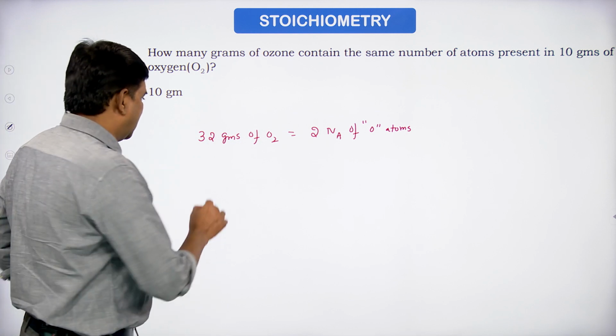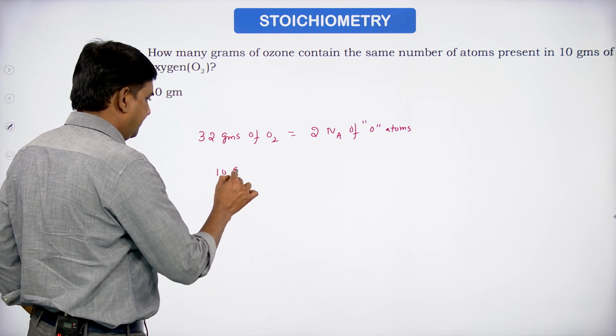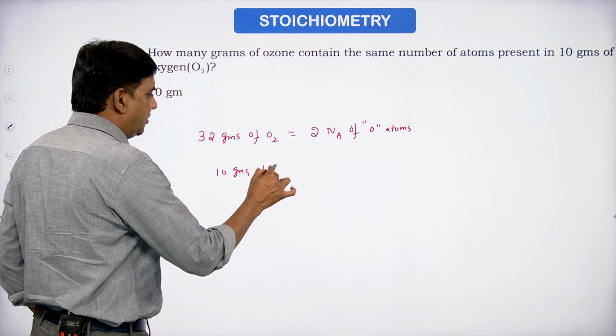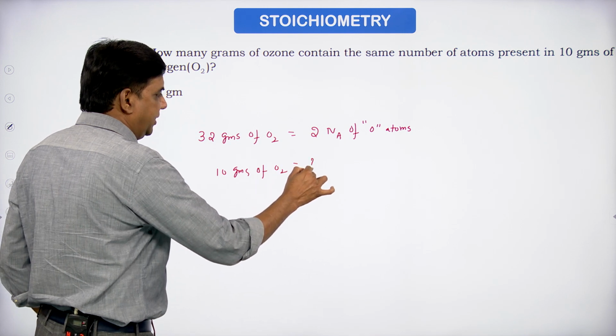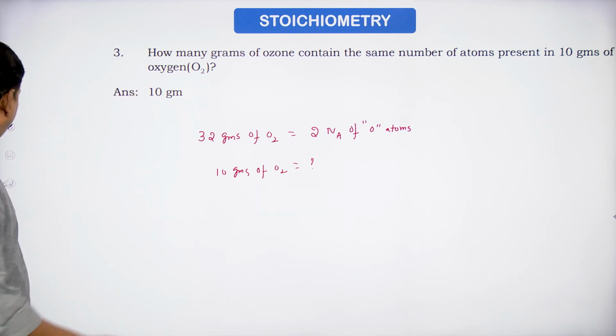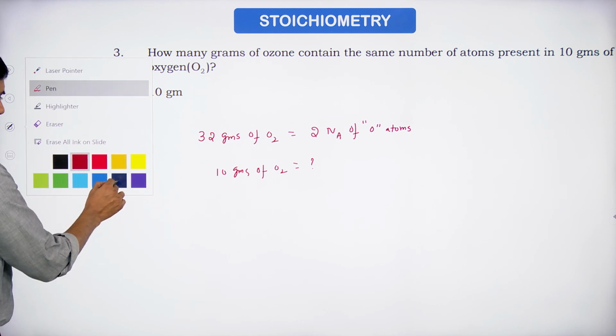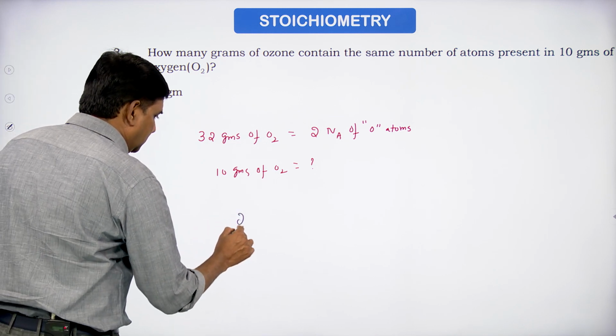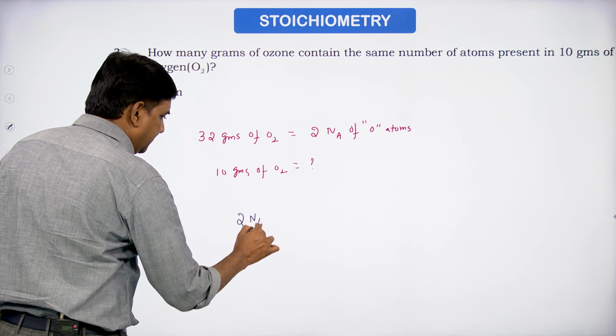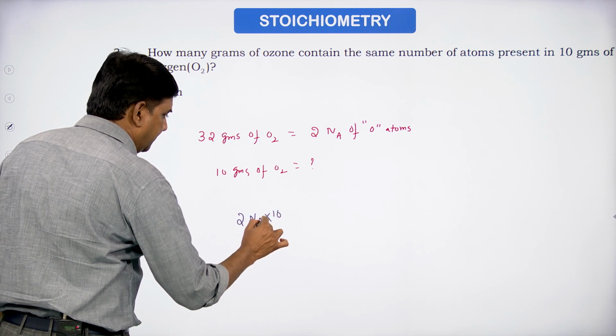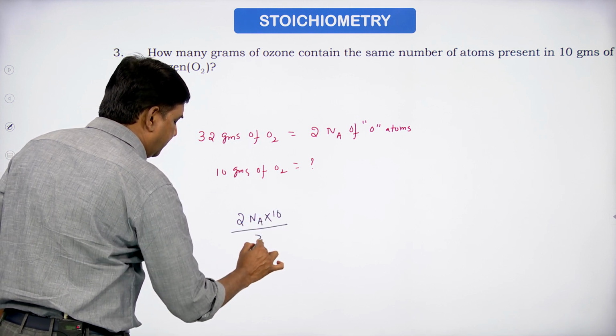Now, 10 grams is present in how many? 10 grams of oxygen therefore contains how many oxygen atoms? If you do this calculation, this becomes 2 Na into 10 by 32.